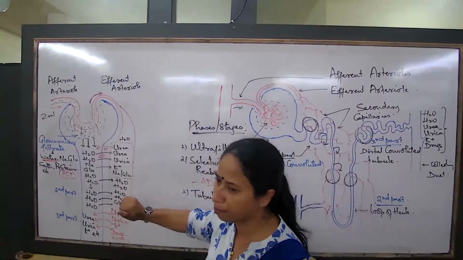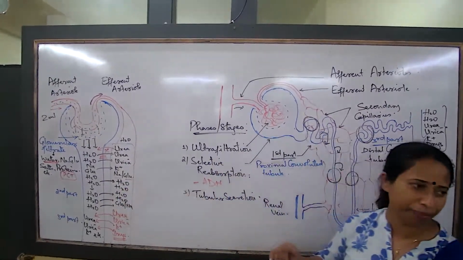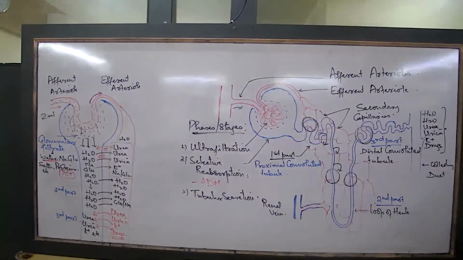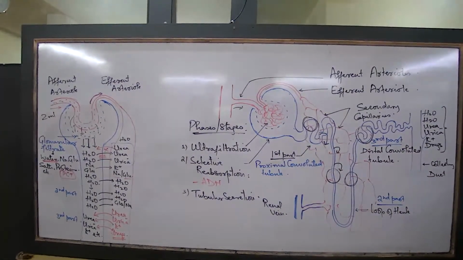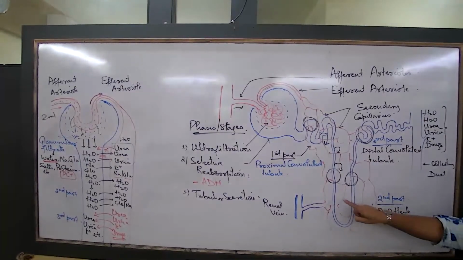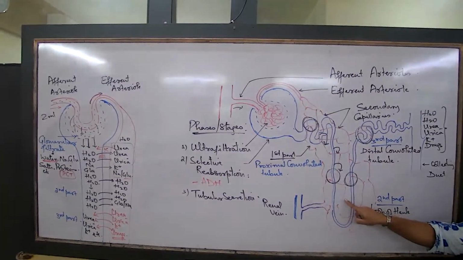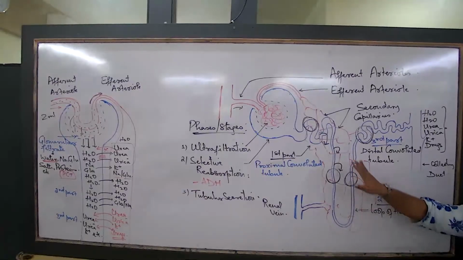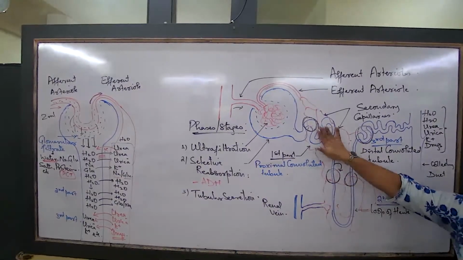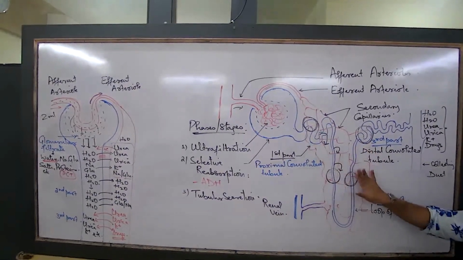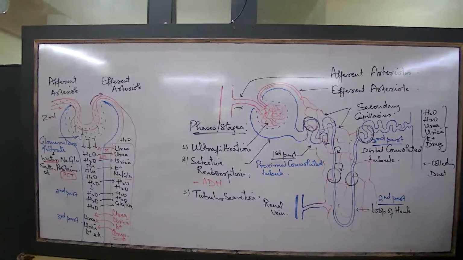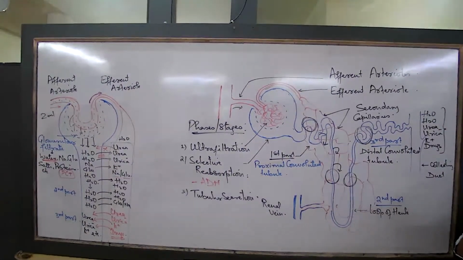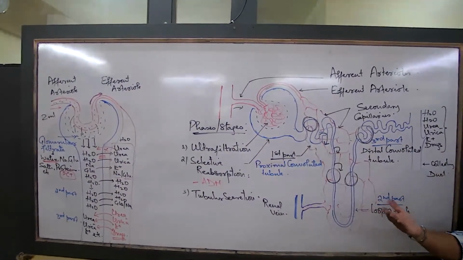Now I go to the second part, the loop of Henle. The most important diffusion of which substance? Water. Water is maximally diffusing from the loop of Henle to the nearby blood capillary. This is what is known as selective reabsorption, where all the essential substances, water, sodium, glucose, are moving from the tubule towards the blood.